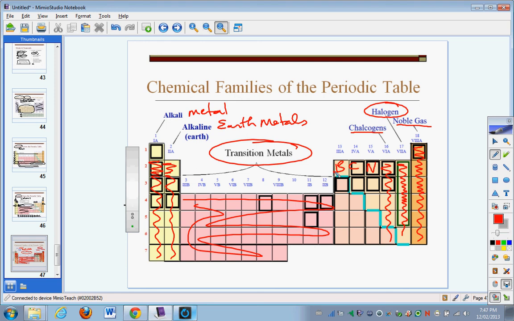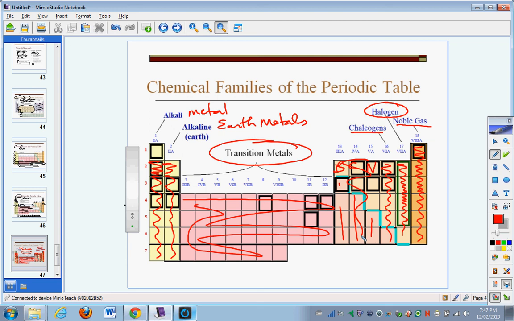The problem there is that those families, those columns, contain nonmetals and significant numbers of metals. So they actually don't tend to behave as families. Notice that the alkali metals, the alkaline earths, the noble gases, the halogens, the chalcogens, and then everything over here, they all together comprise what we said earlier was representative elements.